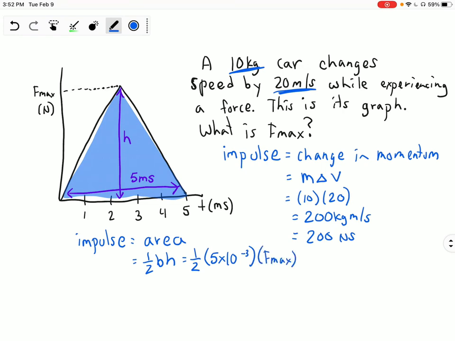And we know because of the work we've done before that this is equal to 200 Newton seconds. So I can solve for F max. My F max is equal to 200 Newton seconds divided by 1/2, 5 times 10 to the negative 3.